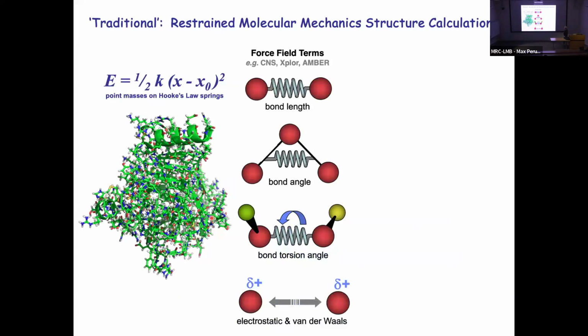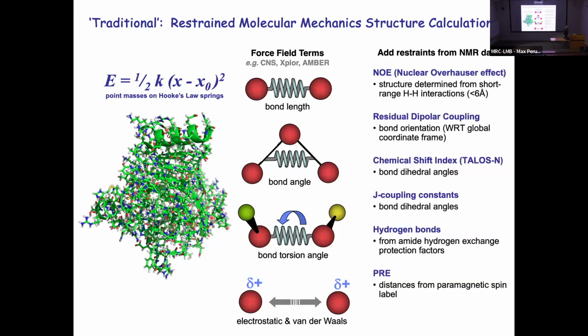So structurally, what we have is some molecular mechanics force fields. They have intrinsic terms in the molecular mechanics to constrain in a Hooke's law type way, as masses on springs, where we've got idealized bond lengths, bond angles, bond torsion angles, and so on, and the electrostatic terms. And we add to that a whole selection of structural constraints.